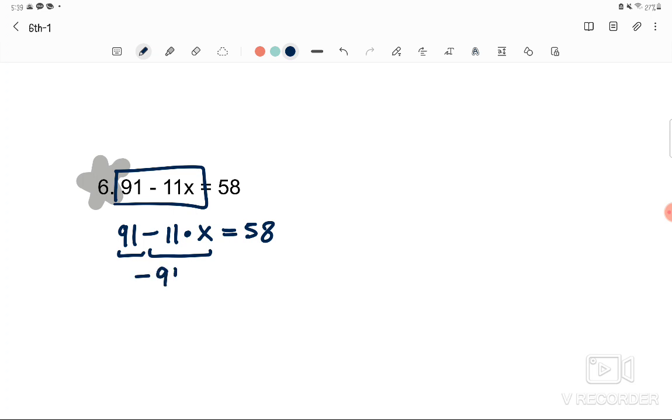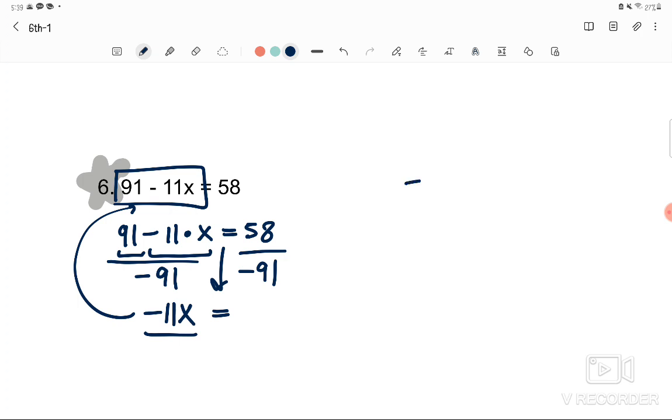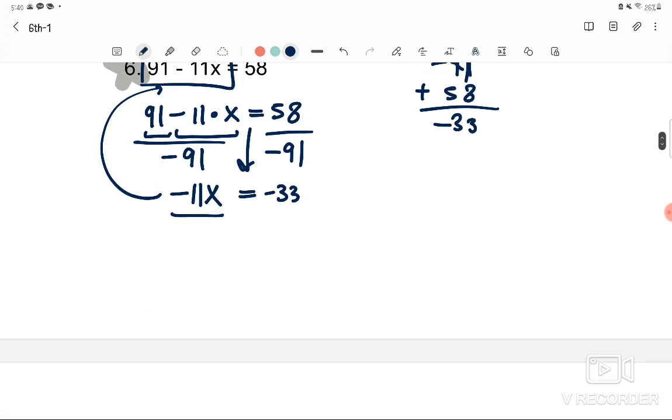So let's subtract 91 on both sides. So negative 11x, which also means that there's multiplication, equals 15 minus 91, which is negative 76. Hmm, negative 33. So negative 11x equals negative 33. So now you can divide or multiply any numbers. So let's divide by negative 11 on both sides.